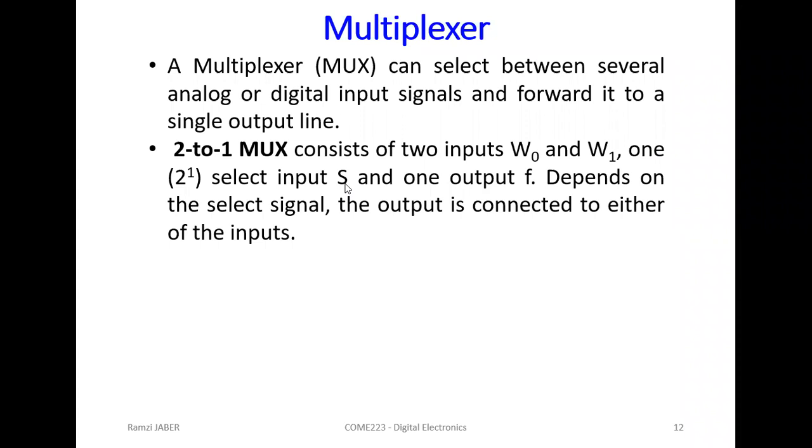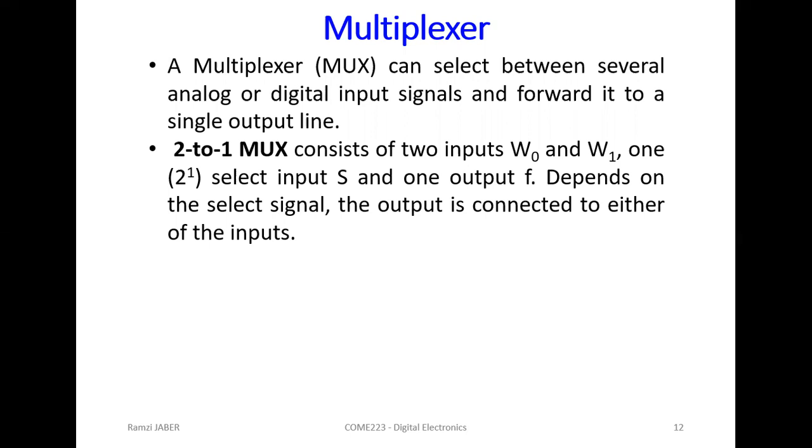So here we have three inputs: two inputs, W0 and W1, and a third input, the selection S. The number of selection lines is based on the inputs, 2 power 1.